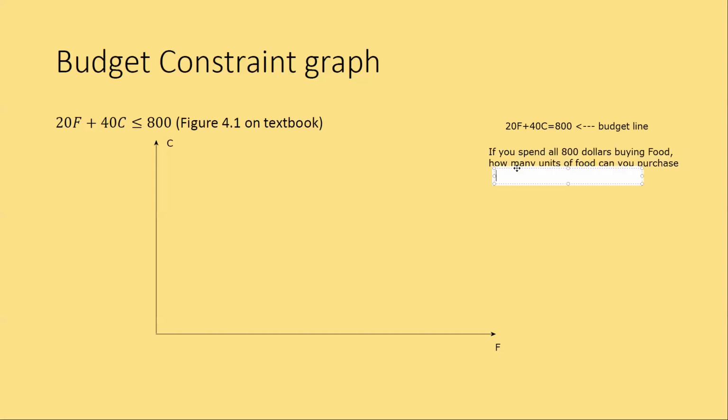We can find the answer pretty quickly. Because each unit of food is $20, if we spend all $800 purchasing food, we can purchase up to 40 units of food.